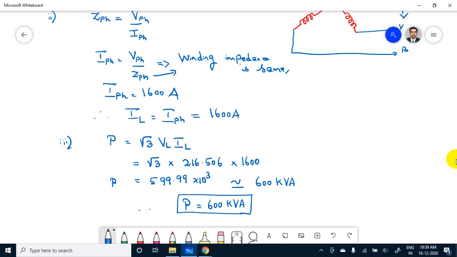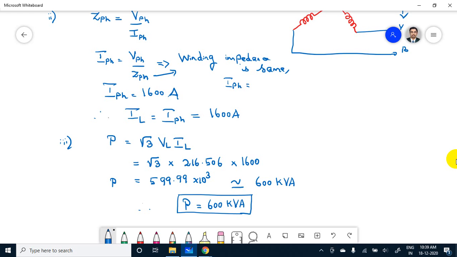Sir, V phase will be changed in star connection, sir. In star connection, the voltage VL is equal to root 3 into V phase, but the IL will be the same, right? Do you understand this concept?